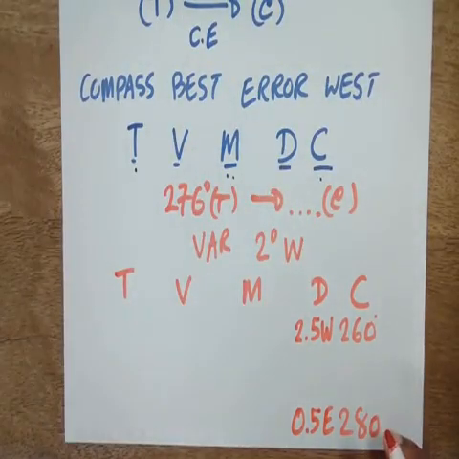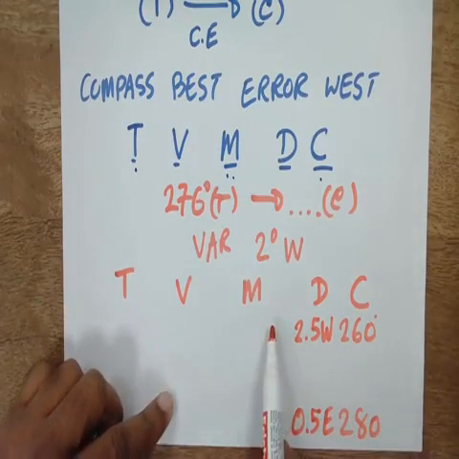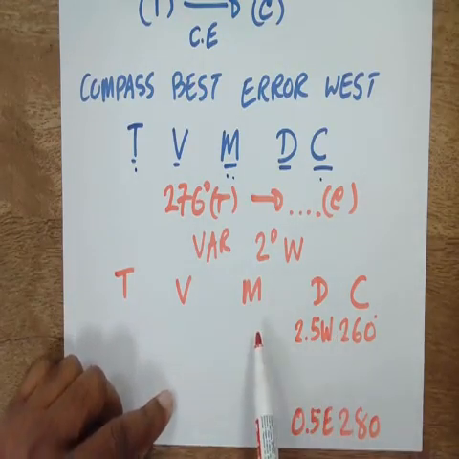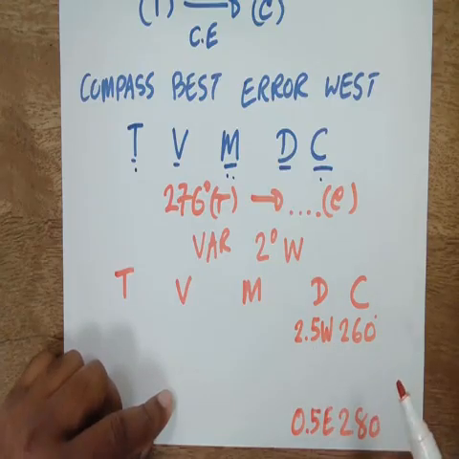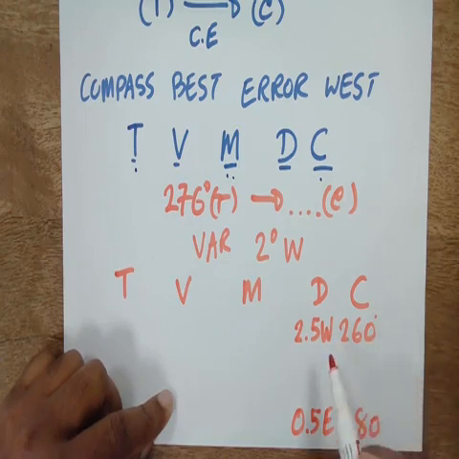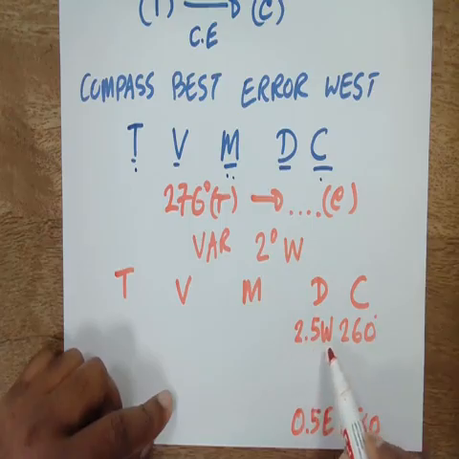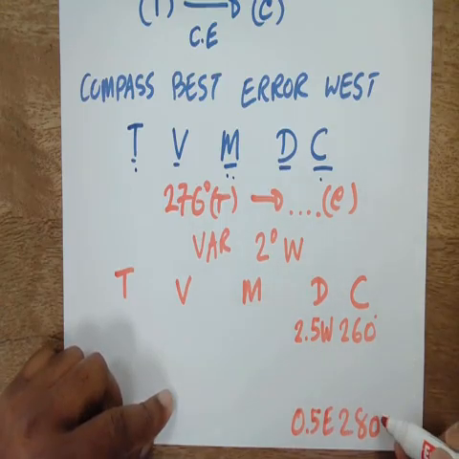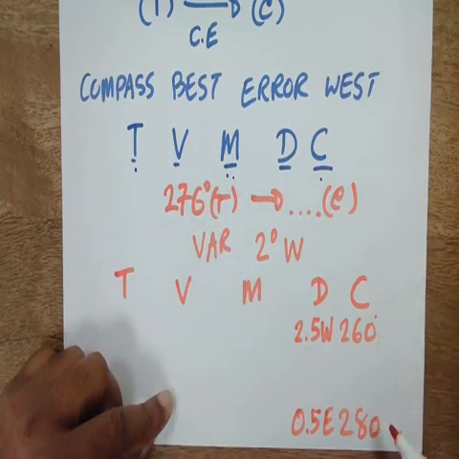You have to find out the magnetic heading for these corresponding deviations. So we know the compass, which is 260. We know the deviation. From the deviation card, it is 2.5 degrees west. And we select 260 and 280 because 276 is approximately in between 260 and 280.